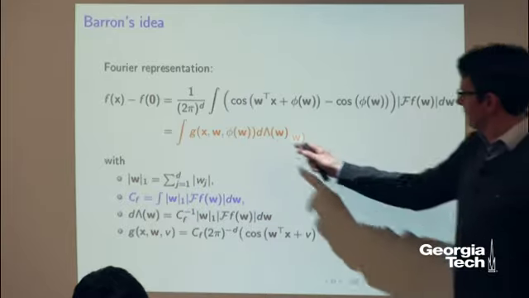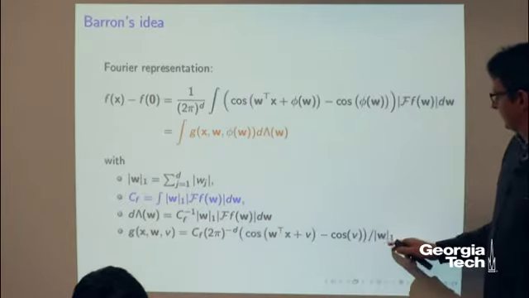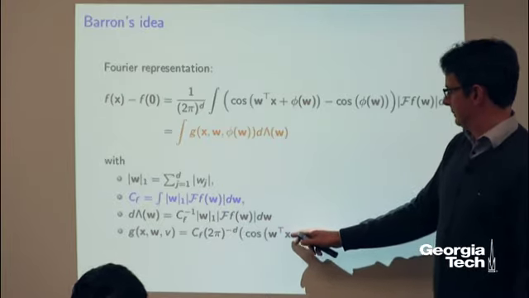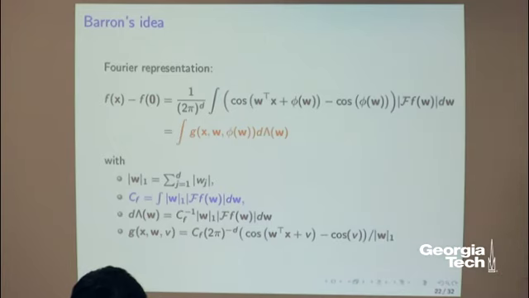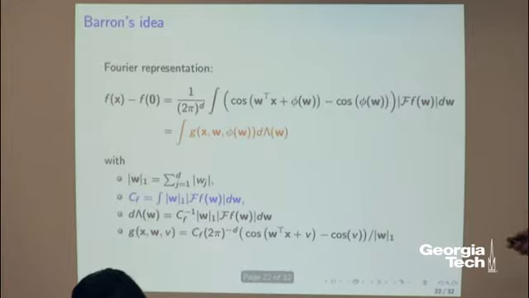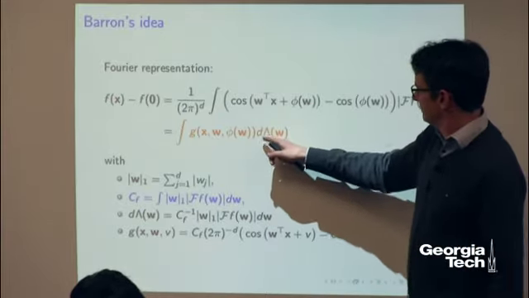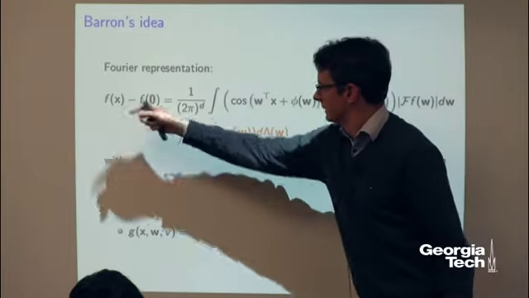Okay, so you make this a probability measure, and then you have these functions which are bounded. You can see that because of the Lipschitz property. And so we have something which is of this form, right? So we know that the f lies in the convex hull of something, because this is a probability measure that defines somehow the convex hull of all functions of this form, and that generates the f.